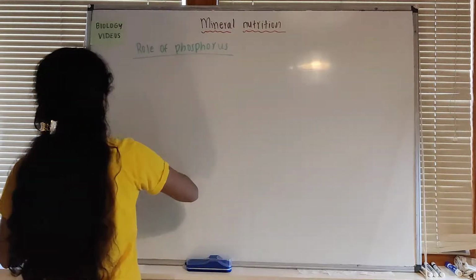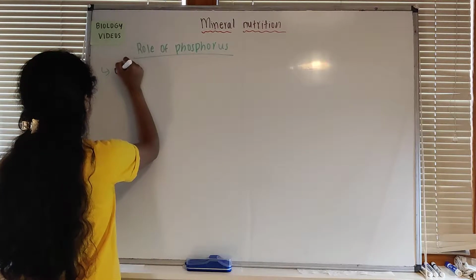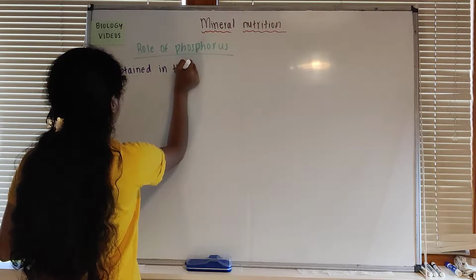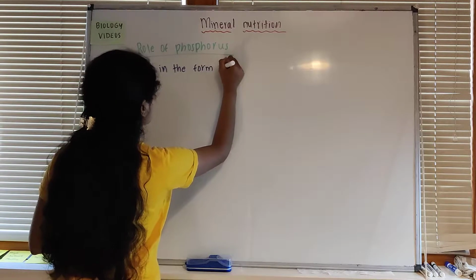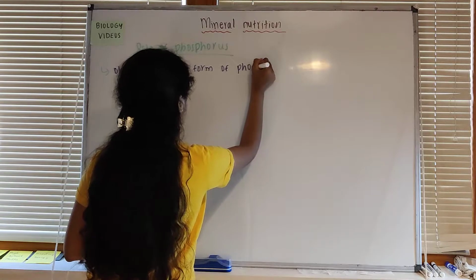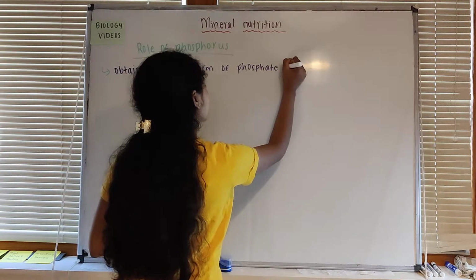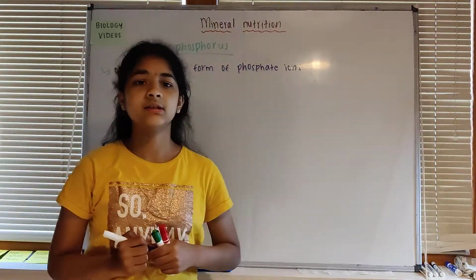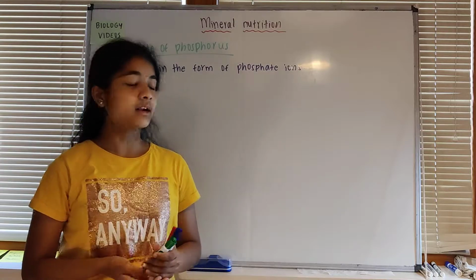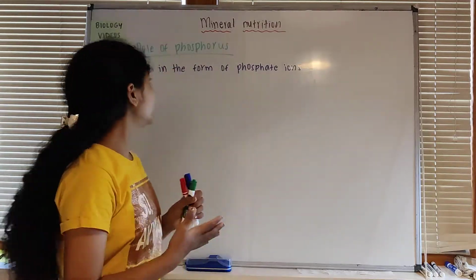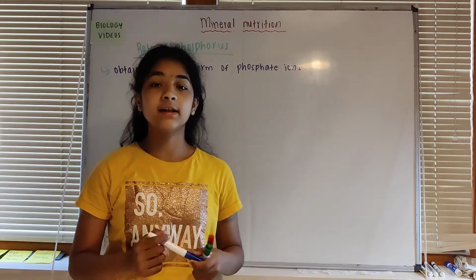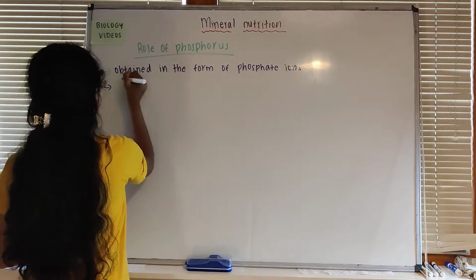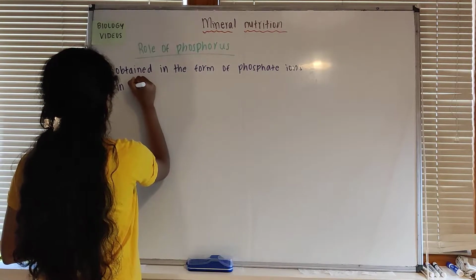This particular element, phosphorus, is a macronutrient, as we all know. The phosphorus element is actually present in the meristematic tissues and metabolically active cells.